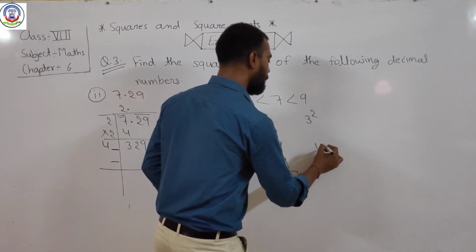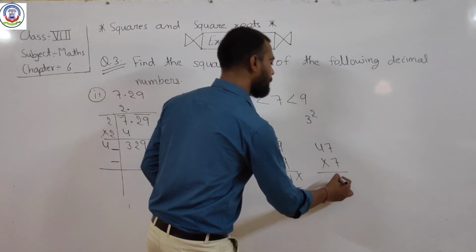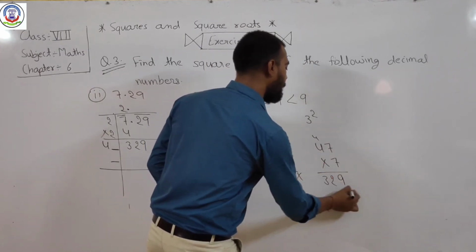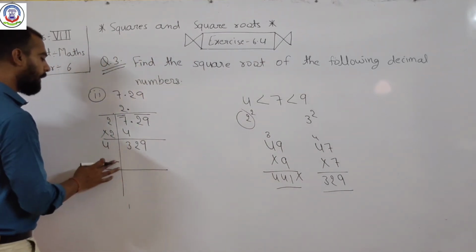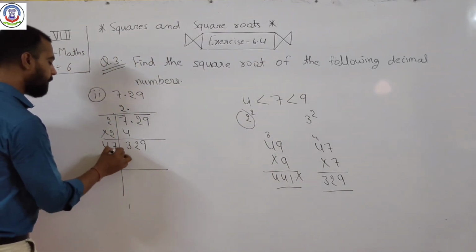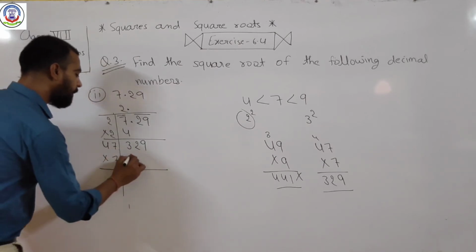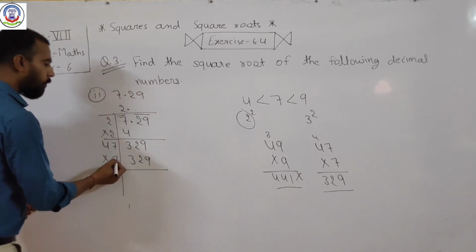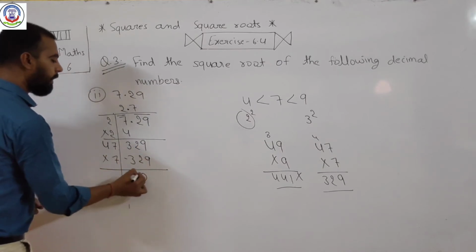So we will take 7 with 4, and our multiplication will be 329. That means with 4 we have to take 7, and the multiplication of 47 and 7 will be 329. We have to write 7 here, and the subtraction of 329 and 329 will be 0.